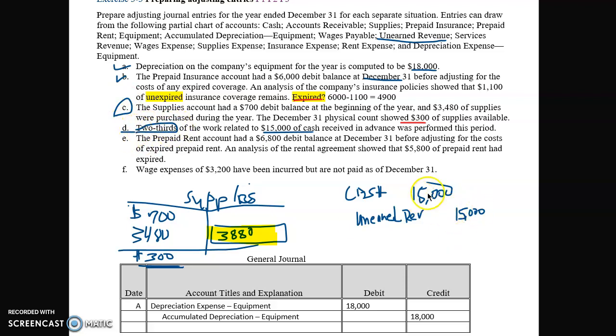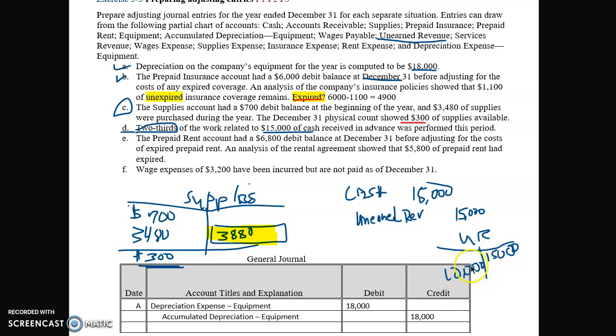Oh, 2/3, right? And 2/3 of 15,000 is $10,000. So they've done $10,000 worth of work. So the balance in unearned should not be $15,000. This should be lower. So this is what they're saying happened. So unearned revenue, I'm going to abbreviate that, was $15,000. And what they did was they said, look, we should be able to count 10,000 of that.